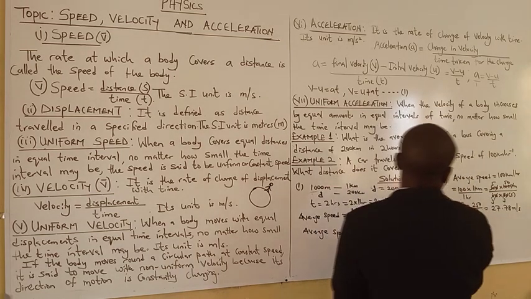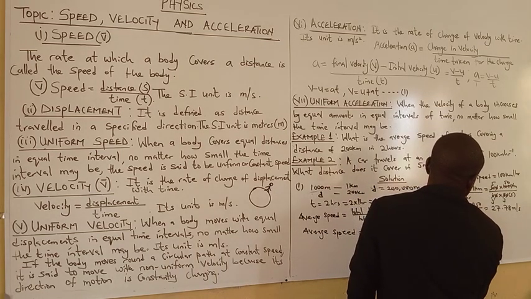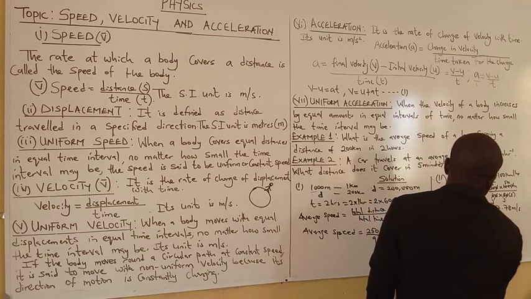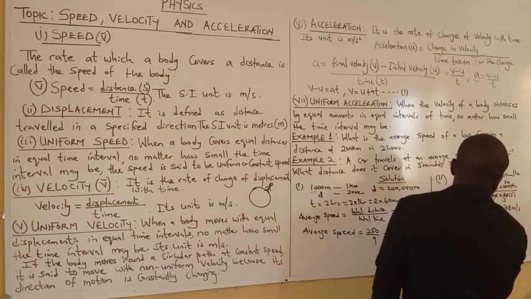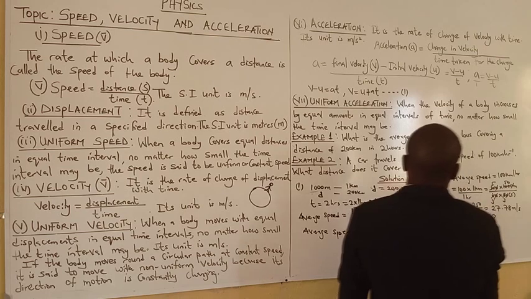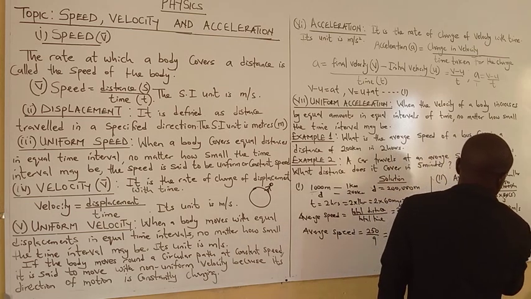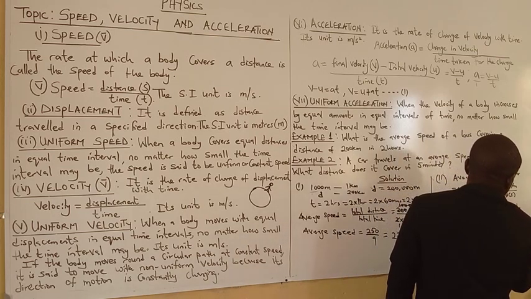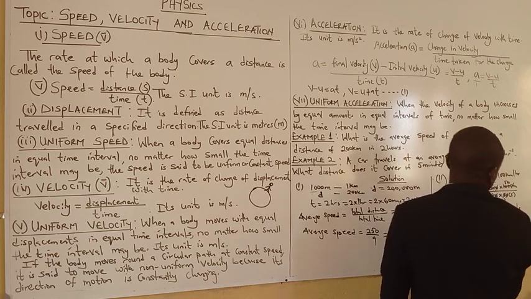What distance does it cover in 5 minutes? We are looking for distance. We don't know that one, question mark, that's S. Time is 5 minutes, which is T, 5 times 60 in seconds.